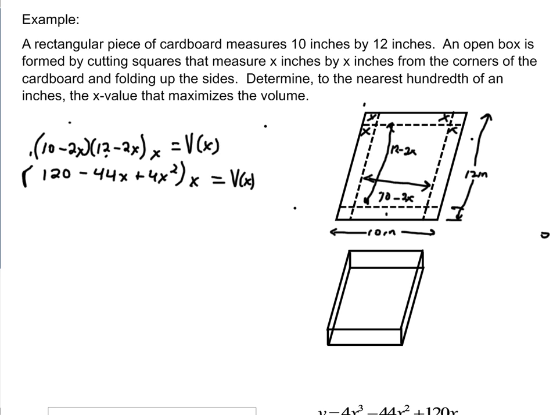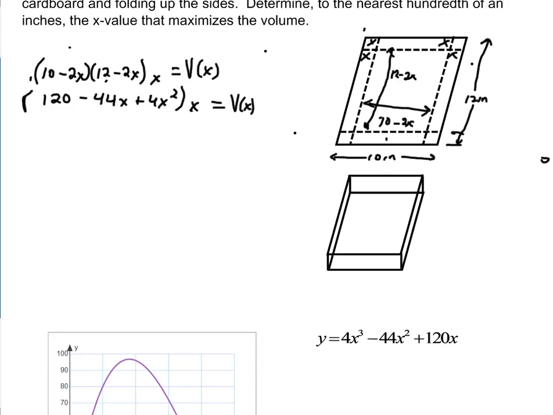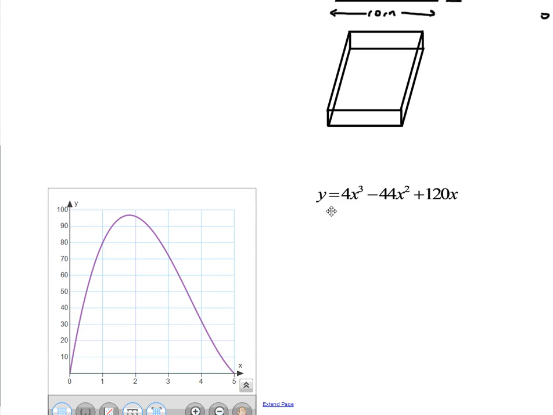Now what does this give me? Well, down here, if I work this out, v of x is actually equal to, and I work this down below right here, and I got this function. y is equal to 4x cubed minus 44x squared plus 120x.